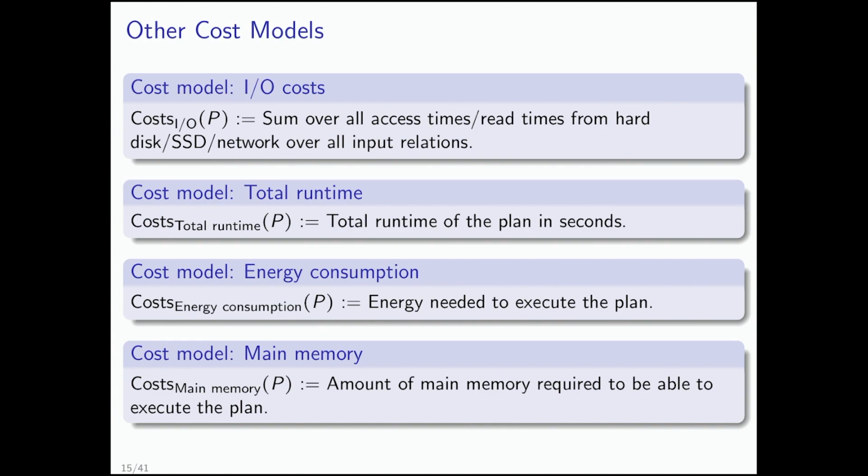If you want to optimize queries in a database, you want to find out what is the best plan in terms of runtime. And now I'm telling you, okay, in order to find out what is the best plan, where best means the fastest, I will be using this cost model. In which situation exactly is this a good idea?